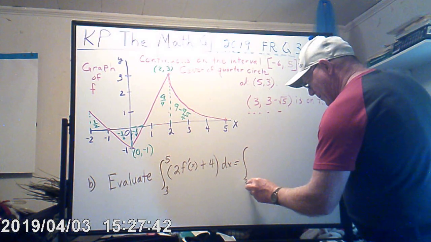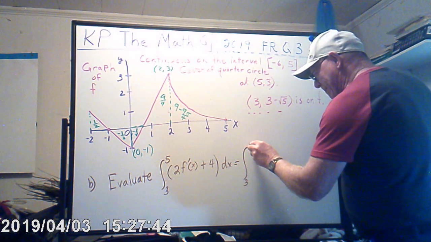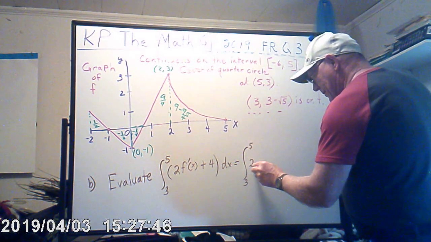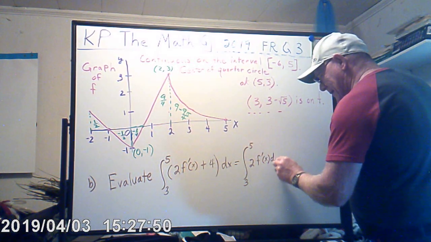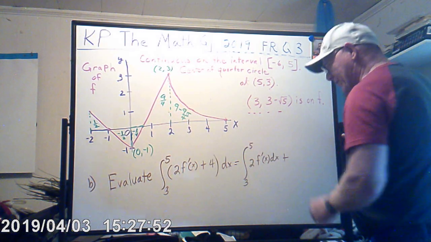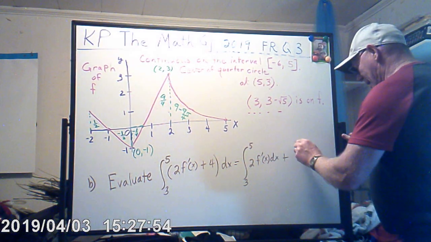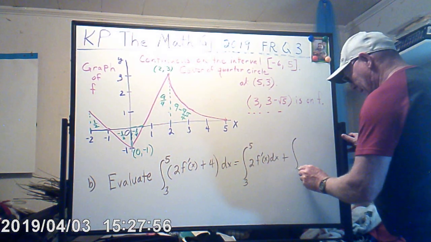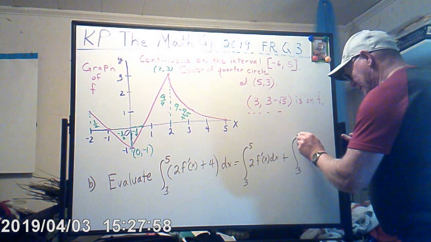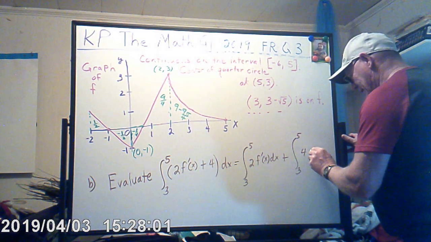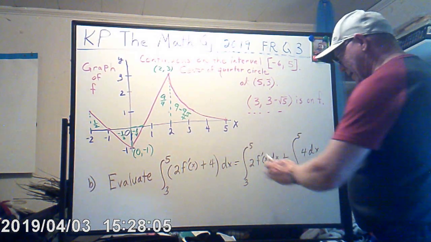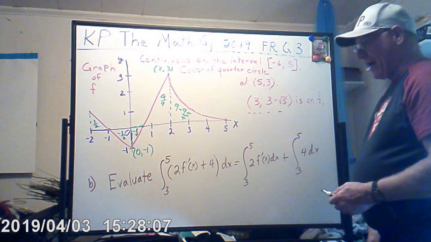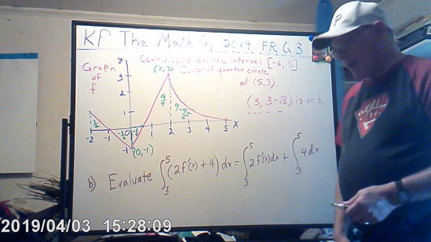So I can go from 3 to 5 of 2 f prime of x dx, plus the integral from 3 to 5 of 4 dx. And the question may be, can you put the 4 on the outside? Can you put the 2 on the outside? Absolutely, you surely can.